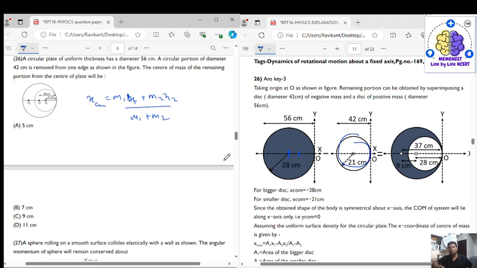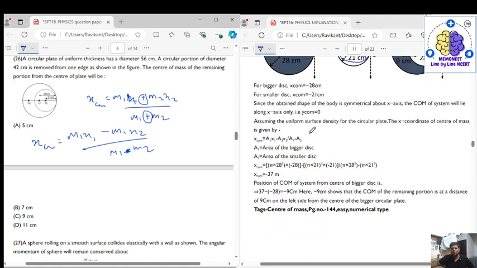But here the mass has been removed, so this plus sign will change into a minus sign. So we get x component of center of mass equal to (m1 x1 − m2 x2) upon (m1 − m2), sorry, it will be m1 minus m2.